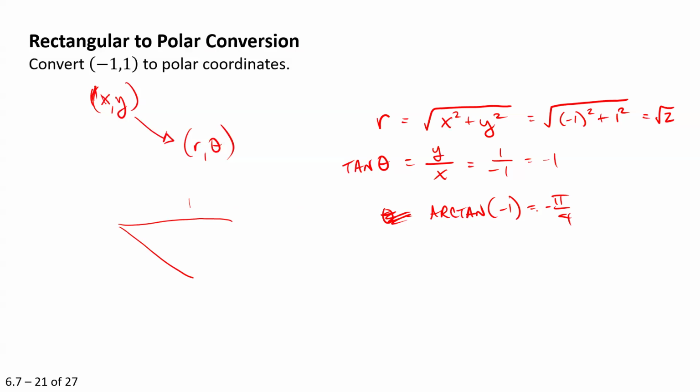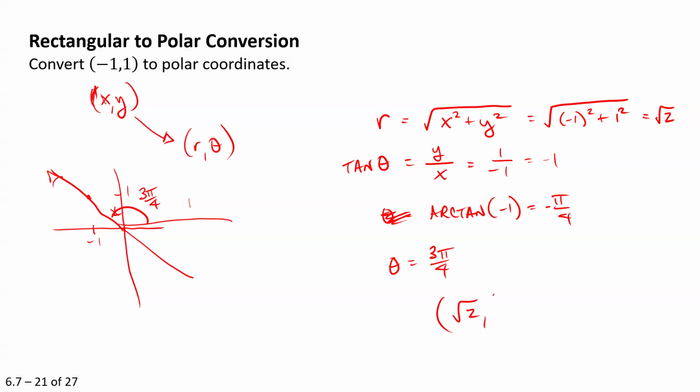Should I be in the fourth quadrant or the second quadrant? And the answer is that for -1, 1, I should be in the second quadrant. And so in reality, theta here is equal to 3 pi/4. And so my r, theta coordinates are square root of 2 and 3 pi/4. So just a different set of formulas here for converting back.